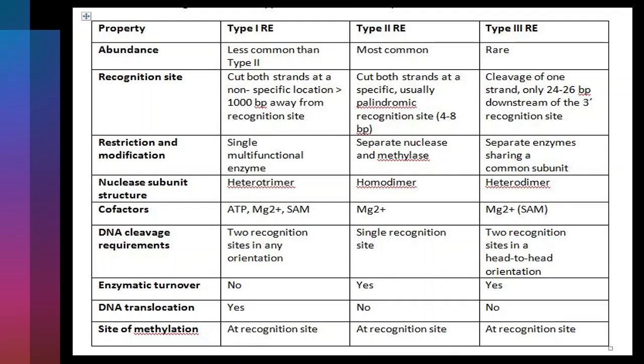Coming to the type 2 restriction enzymes, these are the most common restriction enzymes among the three types. These cut both strands at a specific, usually palindromic, site, and these have separate nuclease and methylase. Nuclease subunit structure is homodimer.